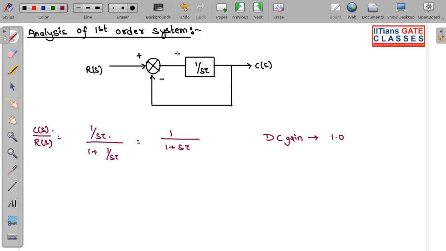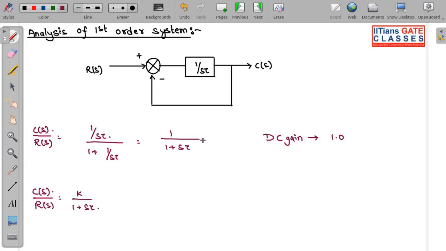If you want to generalize the first order expression, you can write it like K divided by 1 plus S tau. So over here you can see this is the generalized first order system.